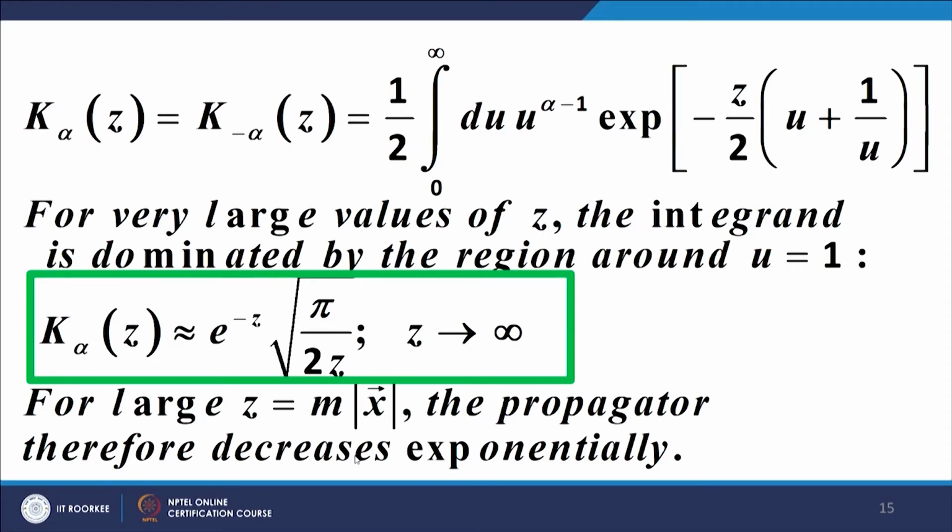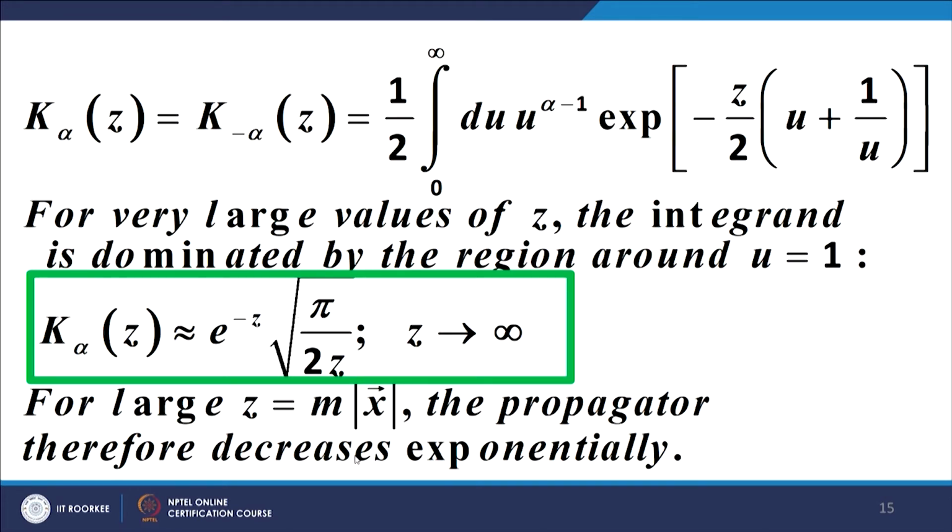Now, we explore the behavior of the propagator in various extreme situations. For very large values of z, the integral is dominated by the region around u is equal to 1.